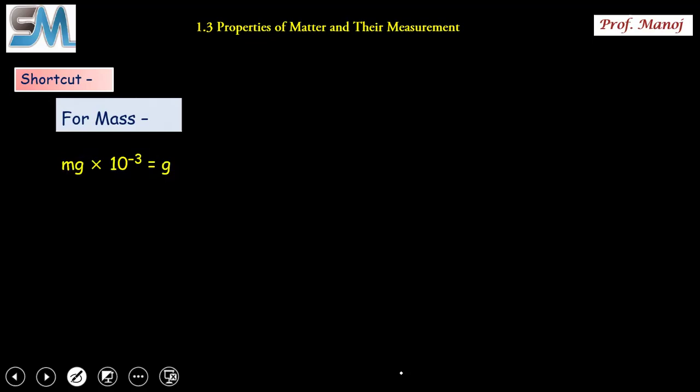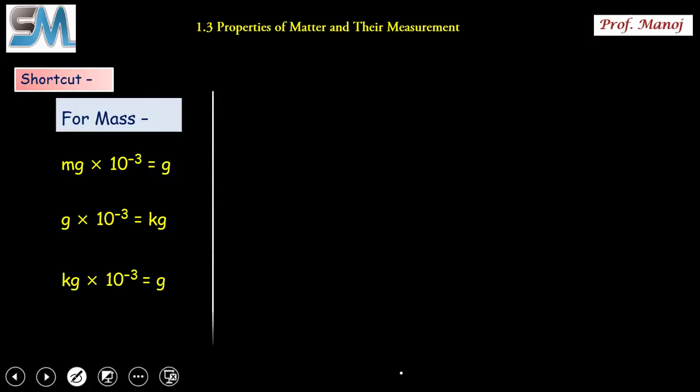First, if you have a milligram value, multiply by 10 raised to minus 3, it will become gram. If you have a gram value, multiply by 10 raised to minus 3, it will become kilogram. If you have a kilogram value, multiply by 10 raised to minus 3, it will become gram. These are conversions for mass.